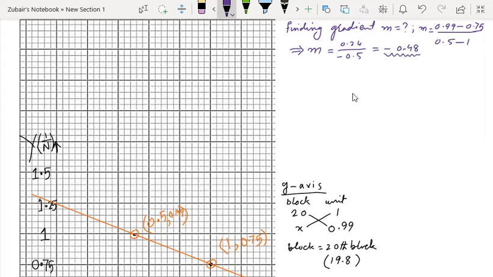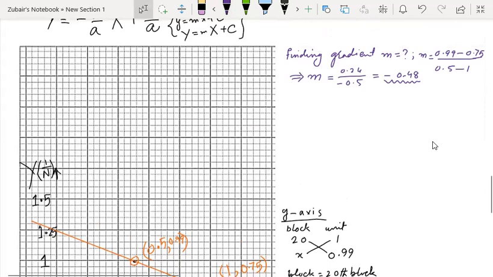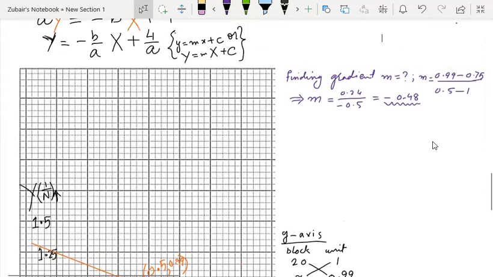And now we need to find the y-intercept. So where is the y-intercept? We should have a look at the equation. What is the equation? Equation is here: y equal to minus b upon a, which is basically m, and then plus c. So here m is minus 0.48.